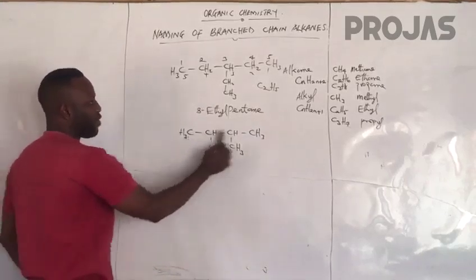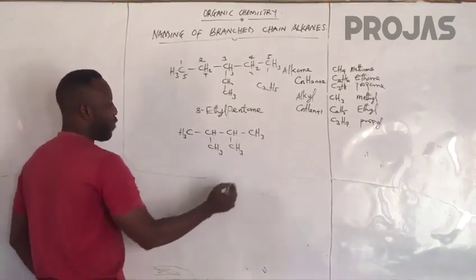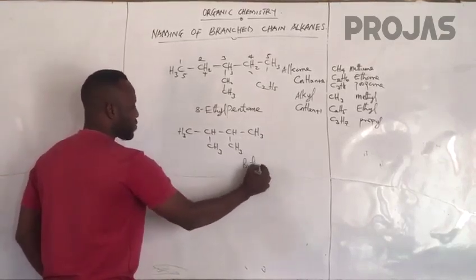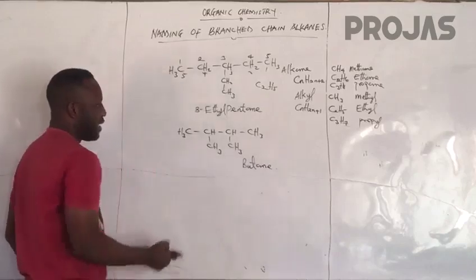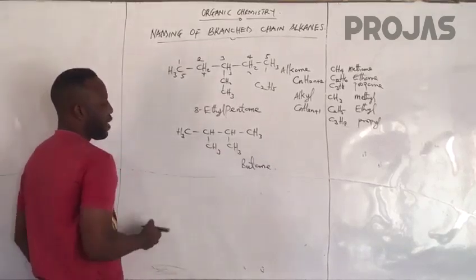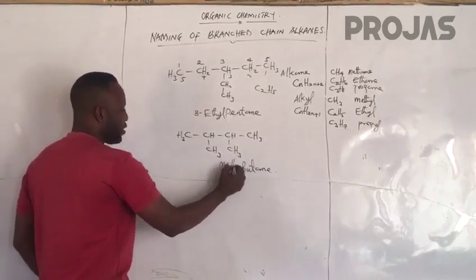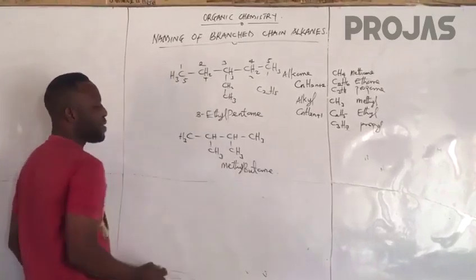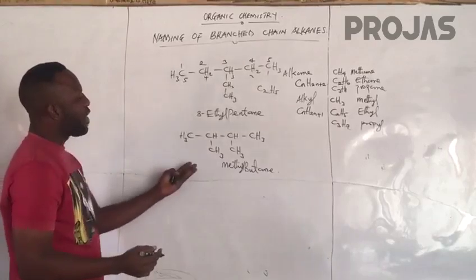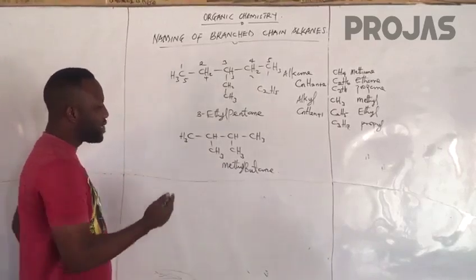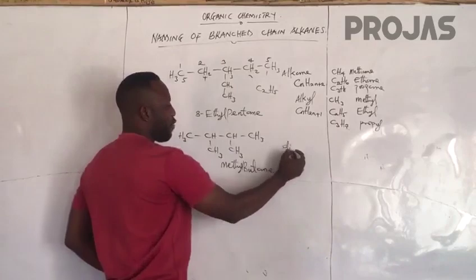So right now we identify the longest continuous chain, that is carbon 4, which is butane. Then we have an alkyl group, which is methyl. Both of them are methyl. But since both of them are methyl, we use di for 2.